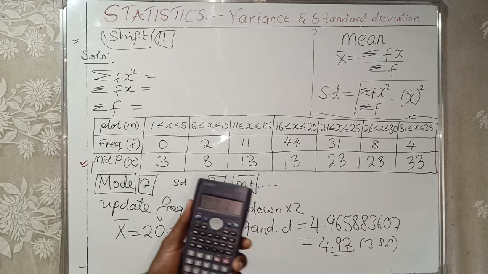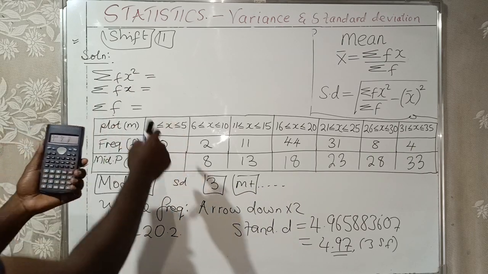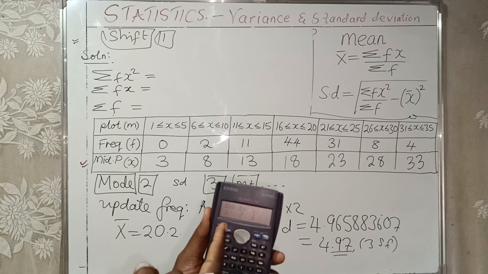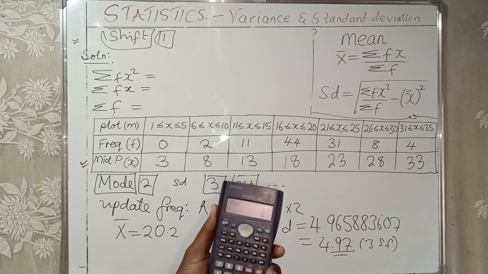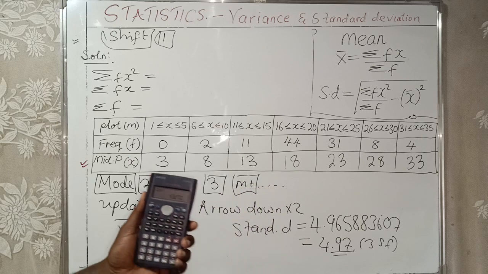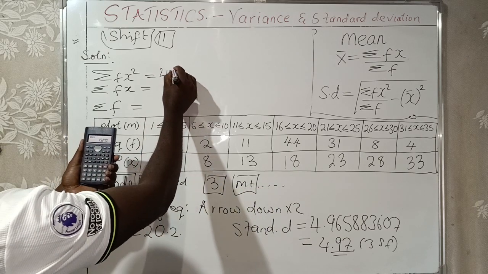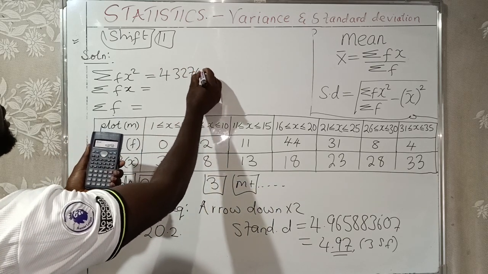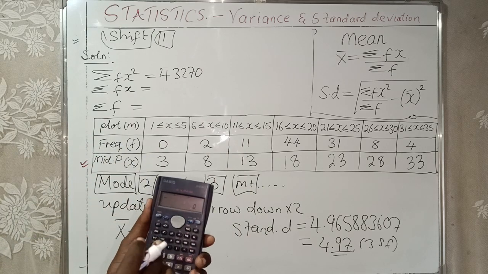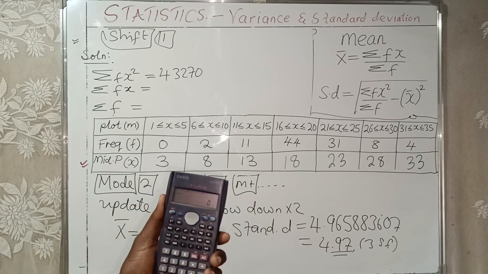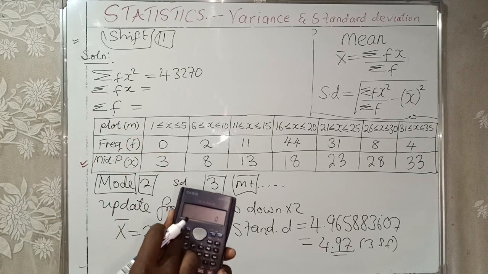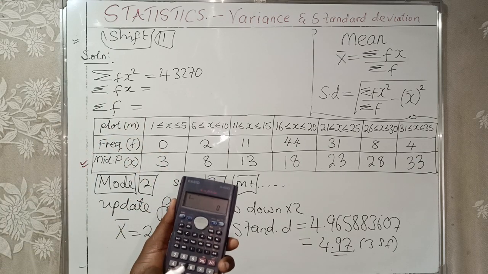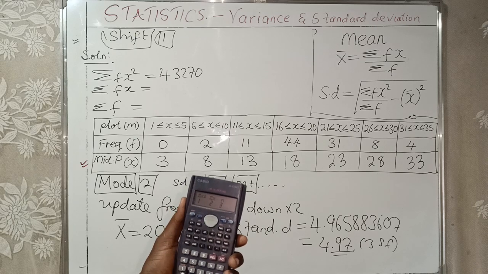Now, when you are looking for the sum of fx squared, it is equivalent to 1. So press your 1 and say equals. So you would have seen your 43,270. Okay, you clear. When you are looking for sum of fx, again you say shift 1.